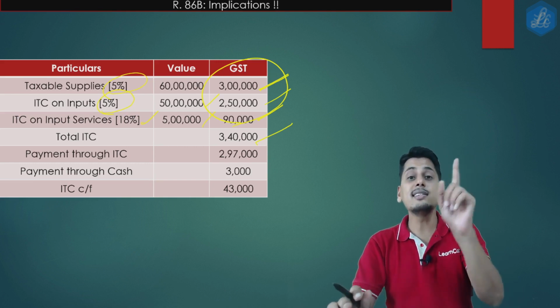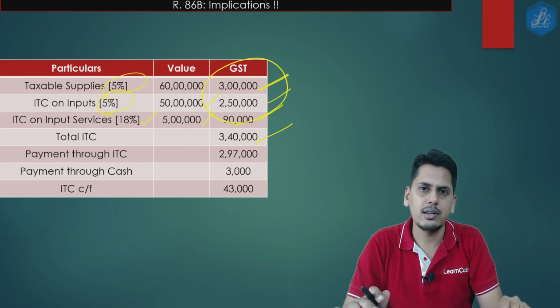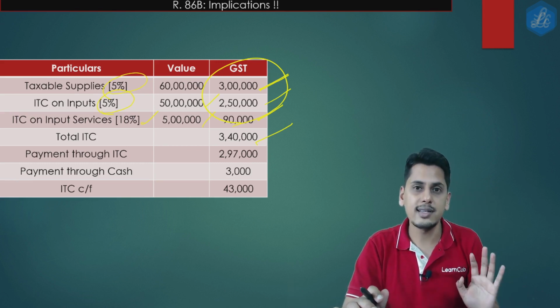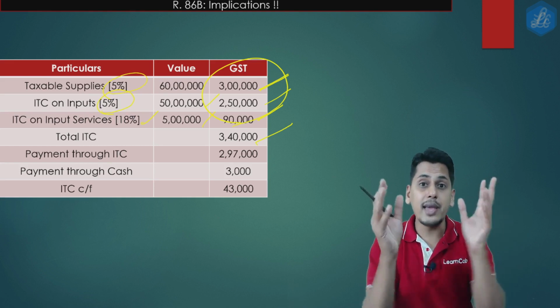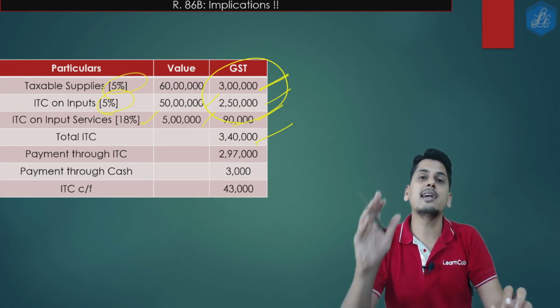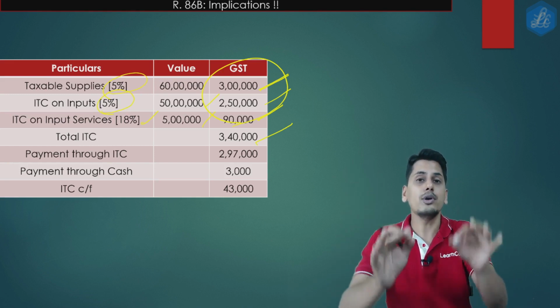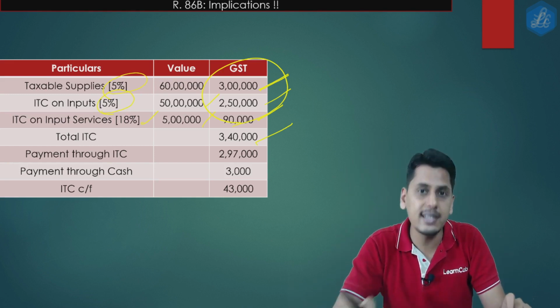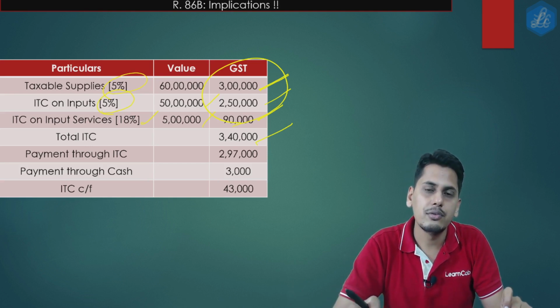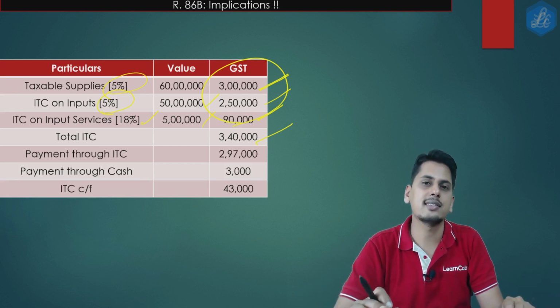Now friends, since it is not a case of inverted duty structure, he could not apply for a refund because, please understand, even though his input tax credit may get accumulated because the rate of tax on input services is greater than the rate of tax on outward supplies, you do not get a refund for all accumulations of input tax credit.